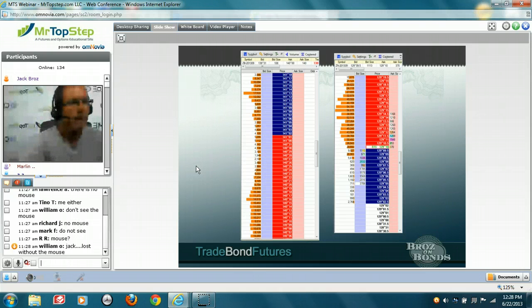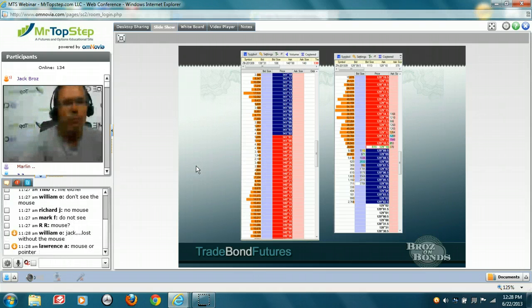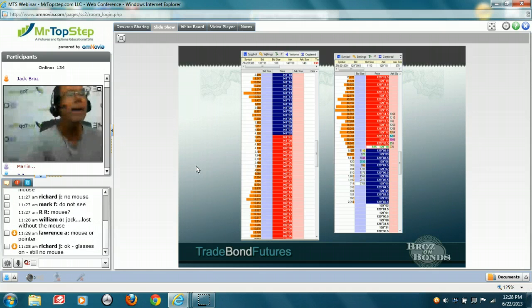Jack, this is Marlon. I didn't want to interrupt you, but I'm going to. You need to turn on above the ladders. You'll see the little pencil. I've got Tony here showing me something. Okay, so what do I do? We're missing some good stuff without that mouse. Richard just put his glasses on. I did too, Richard.